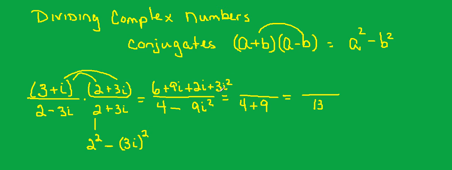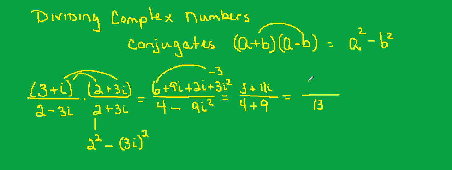And now I know that 3i squared is negative 3, because i squared is negative 1 times 3 is negative 3. Alright, so I'll just put this as negative 3, and then I'll combine all my like terms. So here I've got 6 minus 3 is 3. 9i plus 2i is positive 11i.